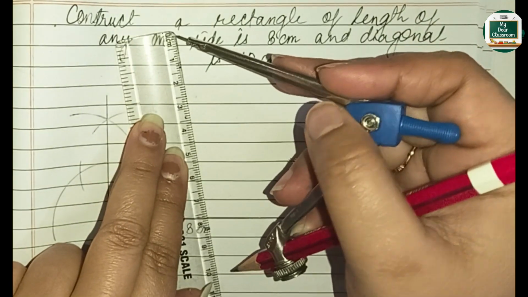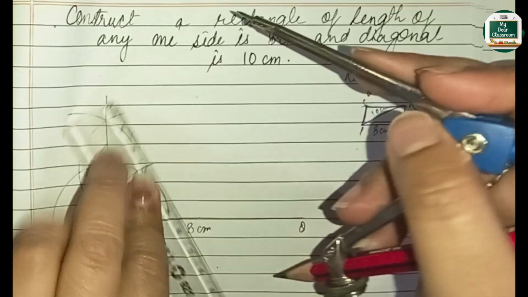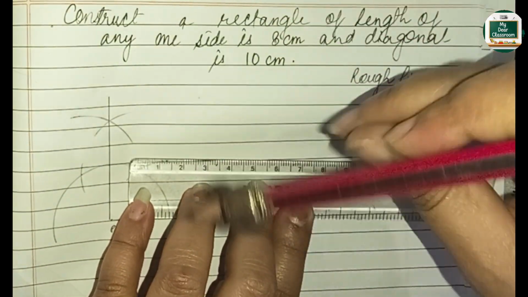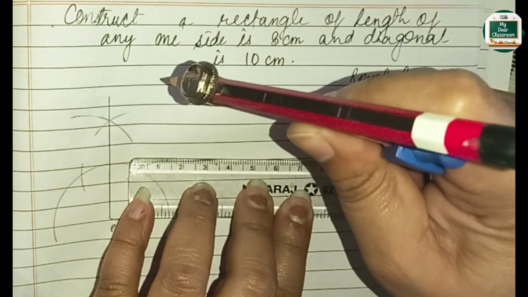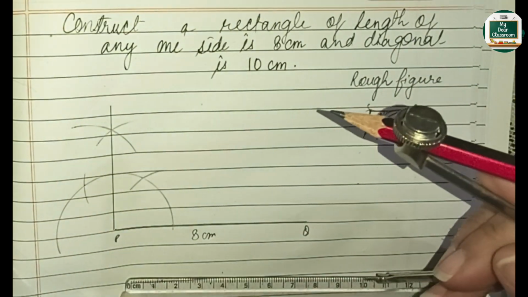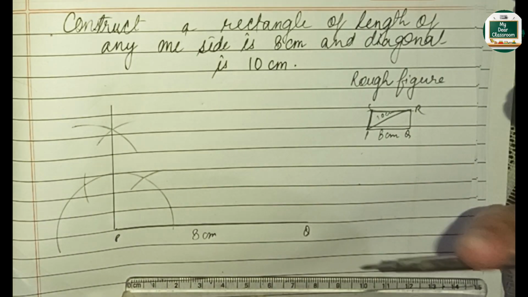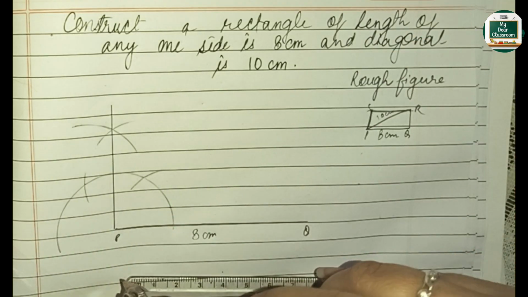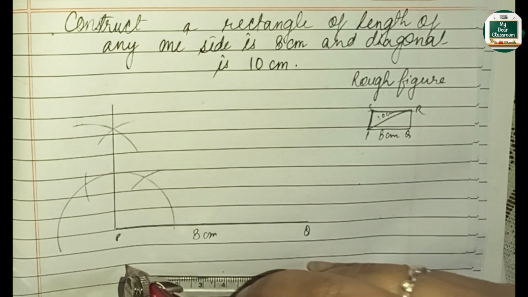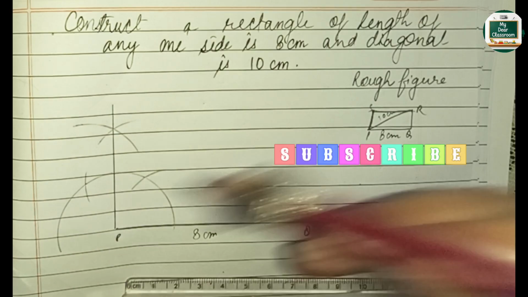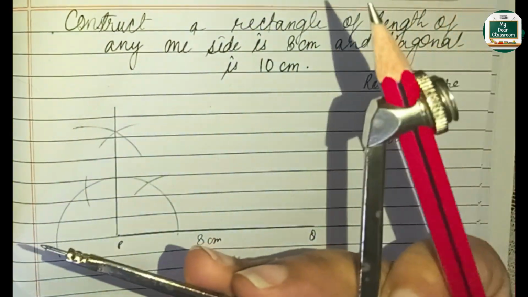You can see 10 centimeter. Please adjust your compass very properly. So this compass is adjusted to 10 centimeter.